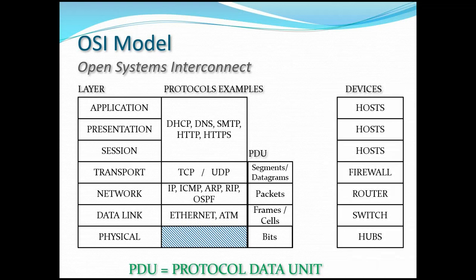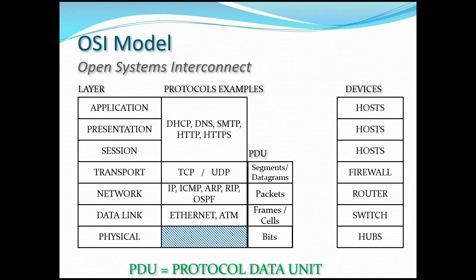Now, generally, on the devices column, what we're showing here is the highest layer that a hub operates at is the physical layer. It doesn't go any higher than that. Switches, on the other hand, go one level further, and they communicate at both the physical layer as well as the data link layer, but not the network layer, unless you have what is referred to as a layer 3 switch.